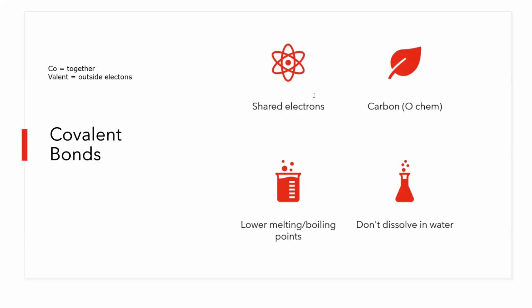And PowerPoint does this cute thing where it gives me these images magically. But when I wrote non-metals out, it gave me the nuclear symbol, which was weird. But covalent bonds tend to be a non-metal bonding with another non-metal. So non-metal plus non-metal.